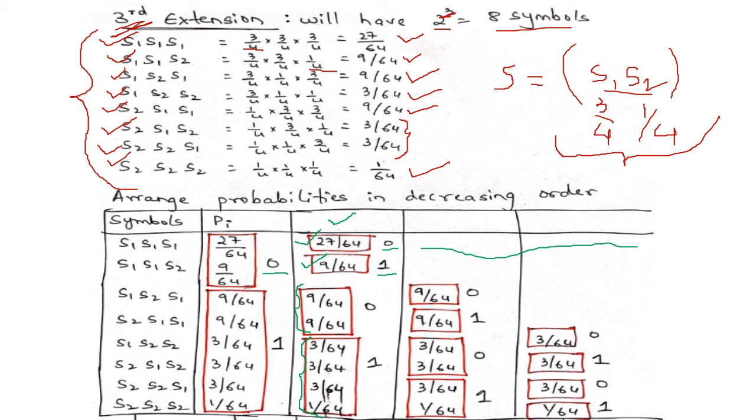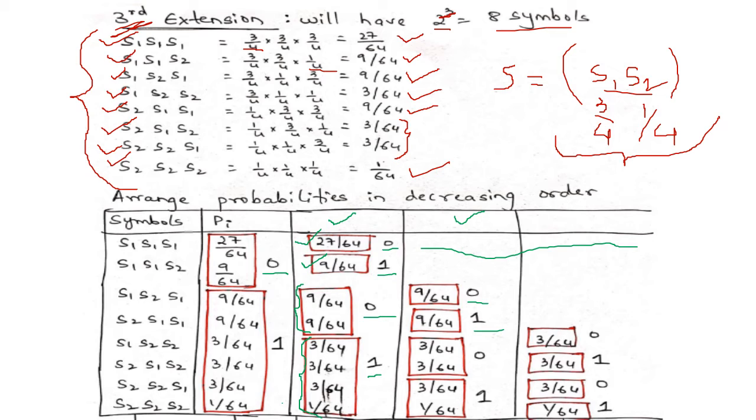So we can proceed with the further steps. So the first group is assigned with 0, second group is assigned with 1. In the next stage, this first group has 2 elements. So further subdivision is possible. 9 by 64 is in one group, 9 by 64 is in the other group. The first group is assigned with 0, second group is assigned with 1.